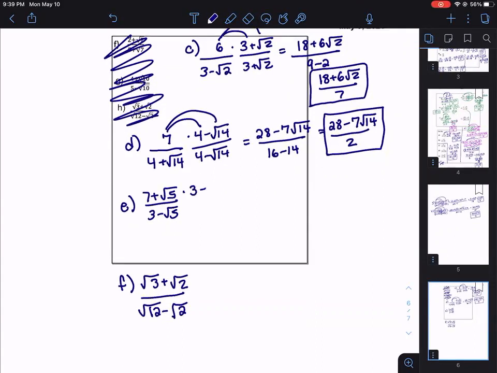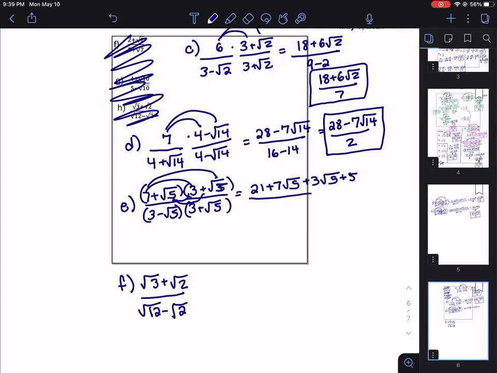The conjugate for the next problem would be 3 plus radical 5. You might want parentheses. So that's 21 plus 7 radical 5 plus 3 radical 5 plus 5 over, again, the first terms and the last terms.